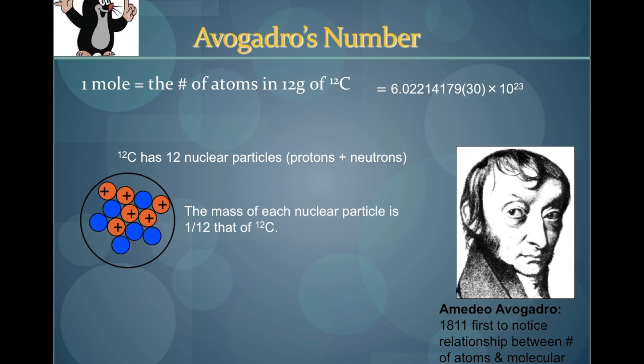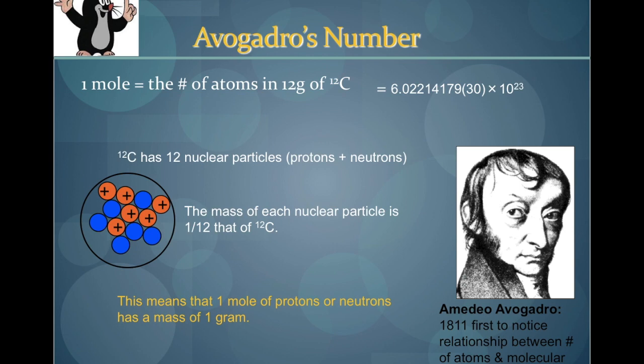And looking again at the top, 1 mole is the number of atoms in 12 grams of carbon-12. So basically, the mass of a nuclear particle, which is a proton or neutron, is 1/12 of that. In other words, 1 mole of protons or 1 mole of neutrons has a mass of 1 gram.